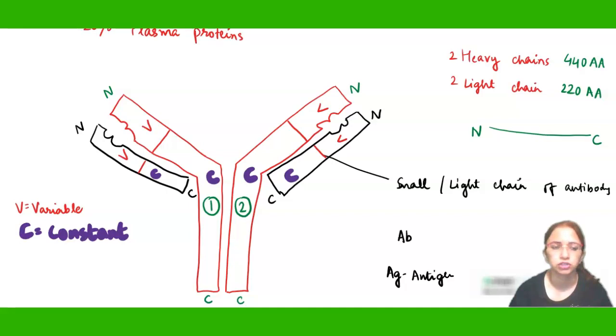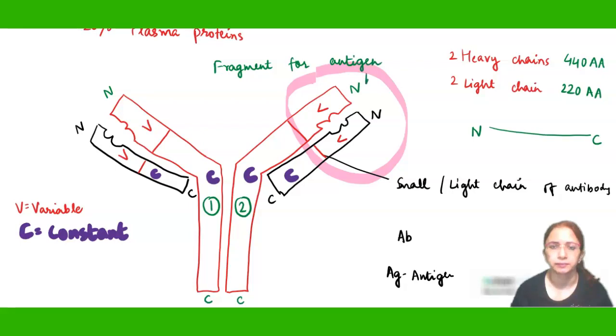That's why this region is known as C for constant region. Now this region is the fragment for antigen binding, that's why it is abbreviated as Fab region.